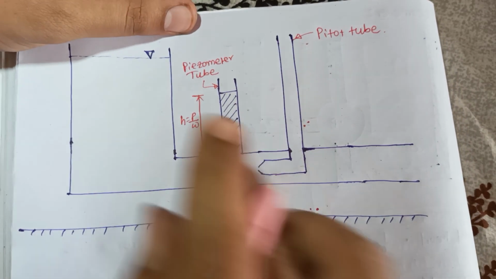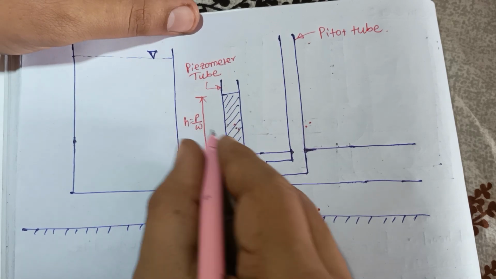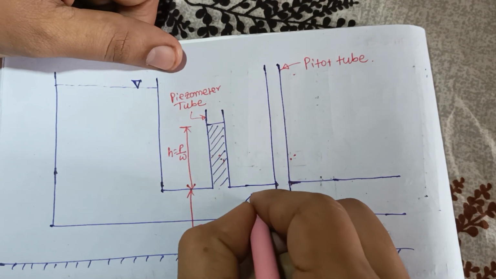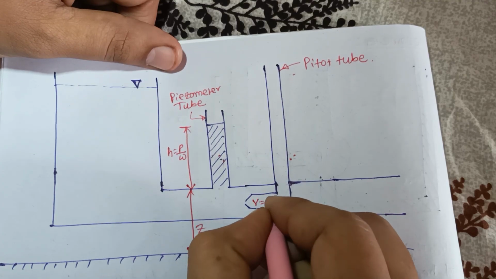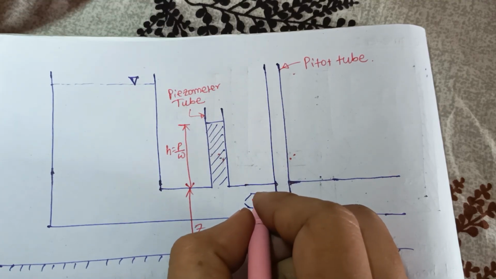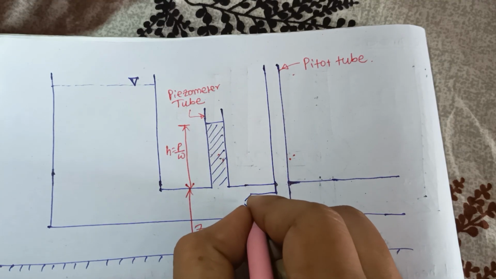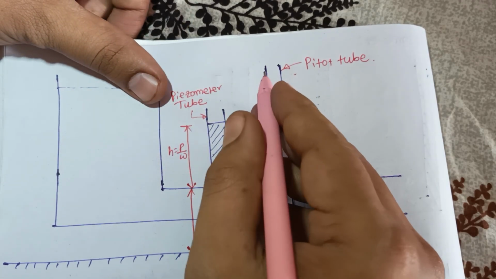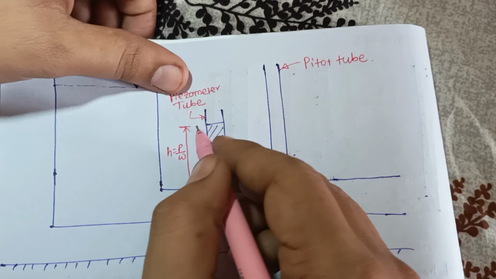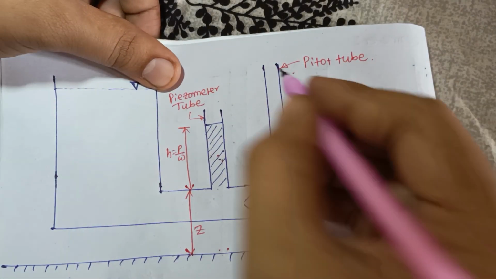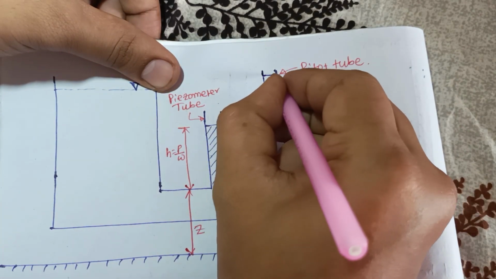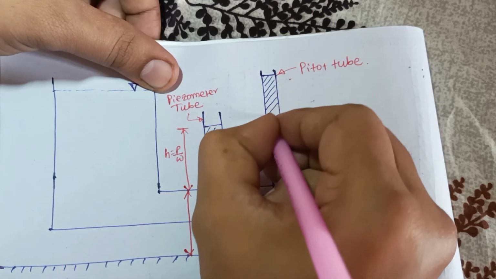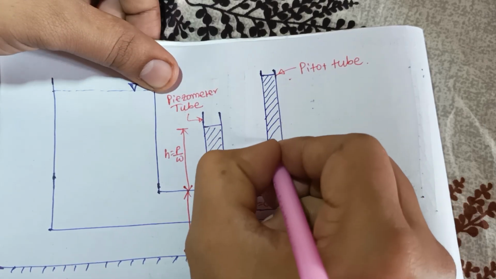Now here this height is P by omega, but if you install a pitot tube, due to the stagnation, V equal to 0, there is a stagnation point here. Due to that the liquid level rises compared to the piezometer tube, the liquid height increases.